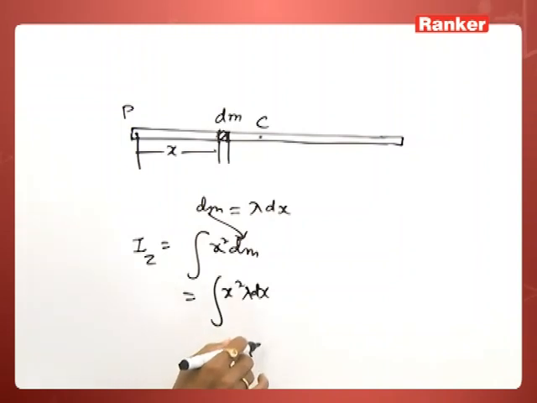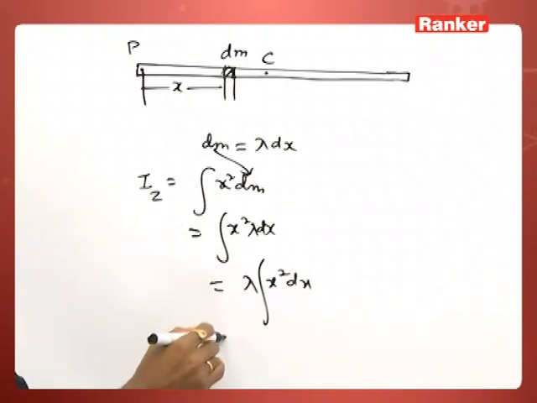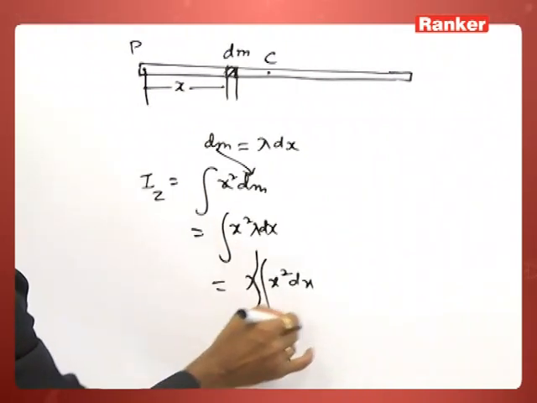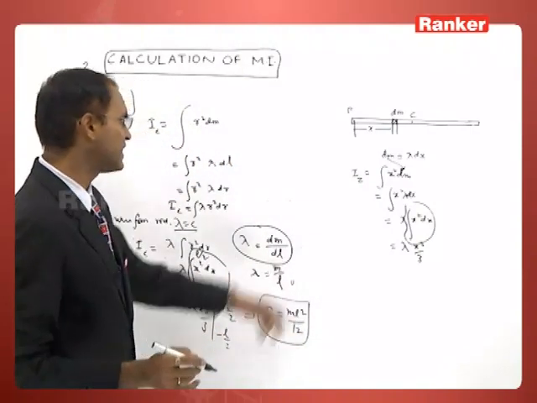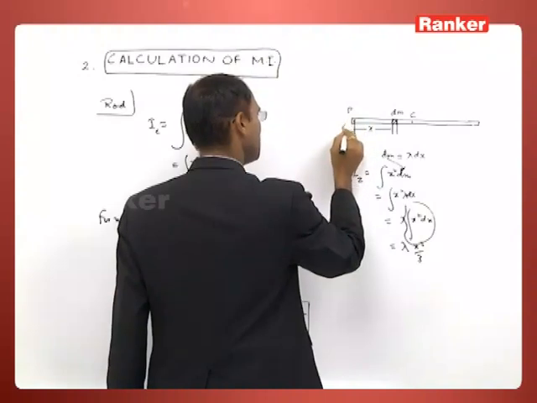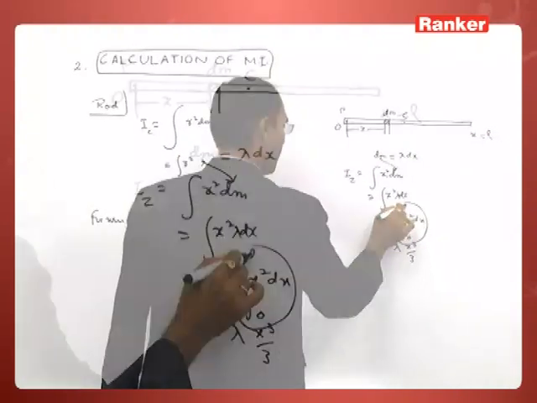So lambda x square dx. So lambda x cube by 3 if you integrate it. Here we can change the lower limit and upper limit. x ranges from 0 to x is equal to L. So 0 to L.